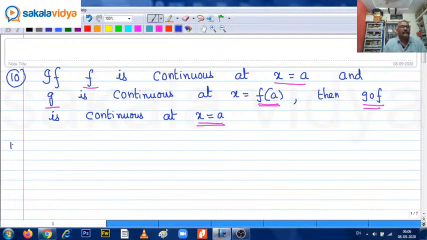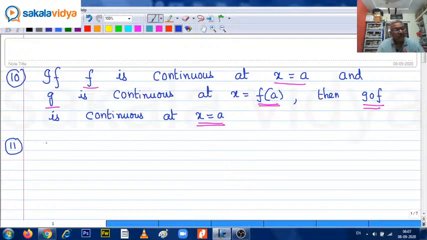Next, 11th point. One more thing you remember, some general important points to be remembered. For example, polynomial function, if you consider, is it continuous or discontinuous? Polynomial function is always continuous on the total real number system, that means the open interval (minus infinity, infinity).